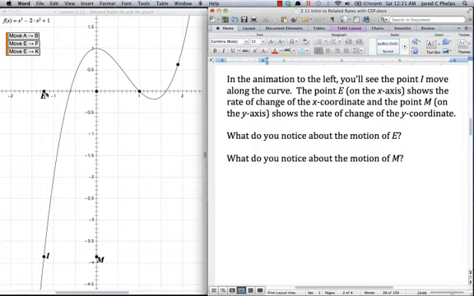E represents the x coordinate of I, and M shadows the point too. M is the y coordinate of I. I'll play the animation a couple times. What do you notice about the motion of E, and what do you notice about the motion of M? Just watch E, watch M, and pay attention to how they move.